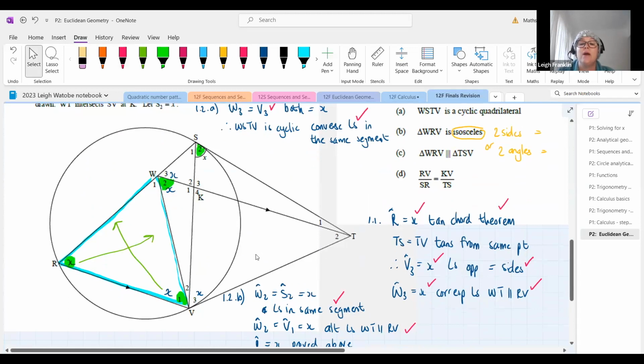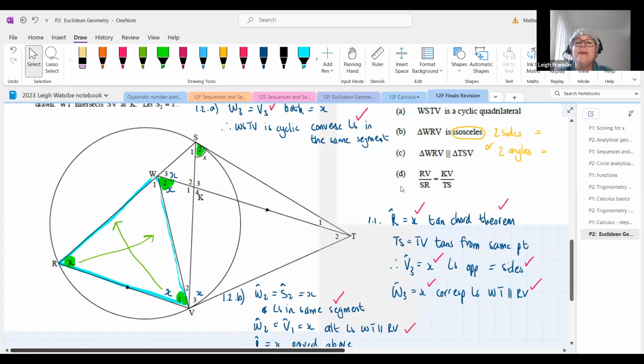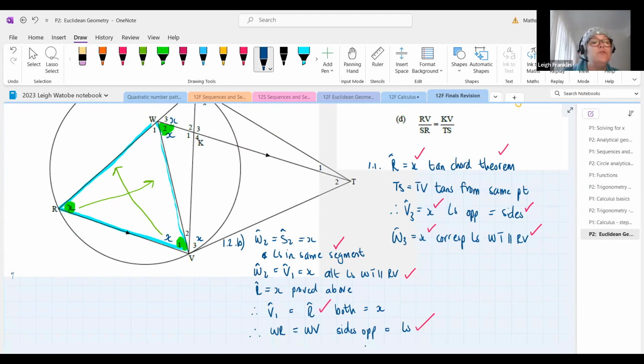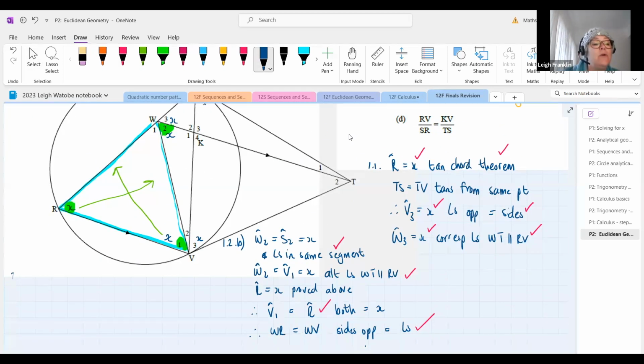All right, let's try question C now. This should hopefully be a little bit easier because they've told us which triangles to work in. When they give us the triangles, that's always a little bit easier. All right, so 1.2C, they want us to work in triangle WRV.